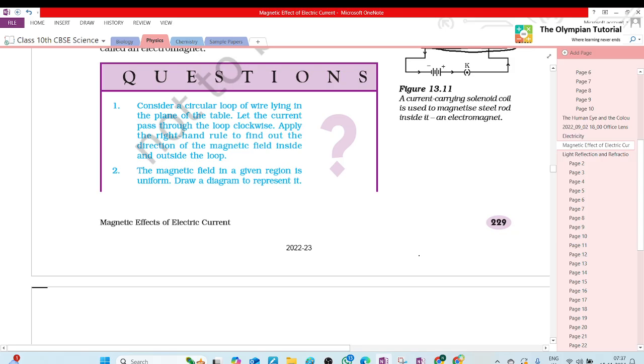Firstly, we have to prepare a diagram for it. Can you prepare it on your own? Actually, what they are saying, this is the electric circuit.